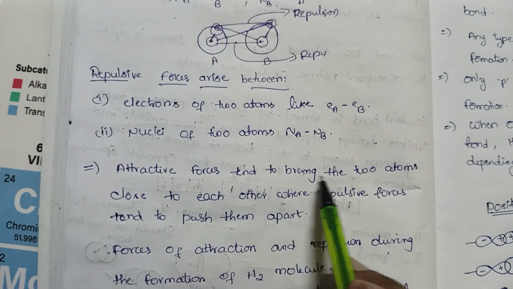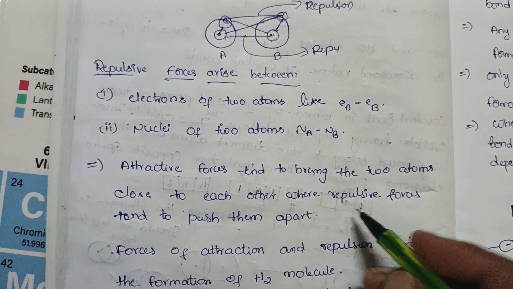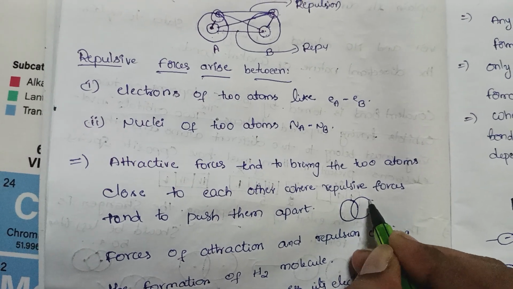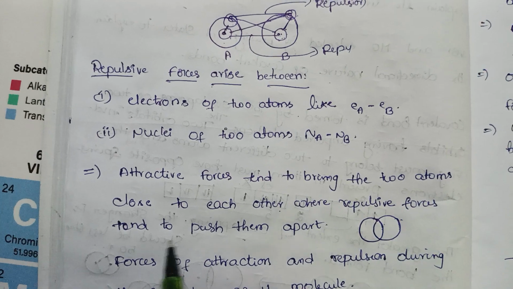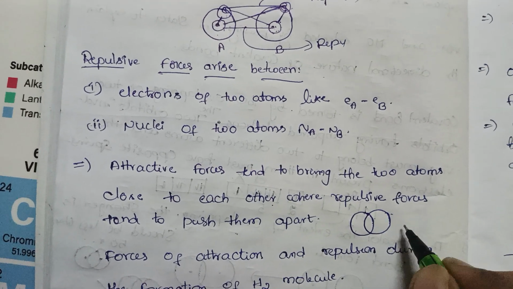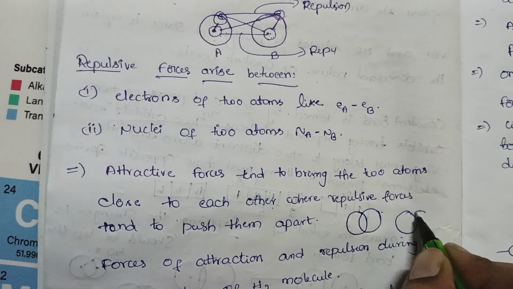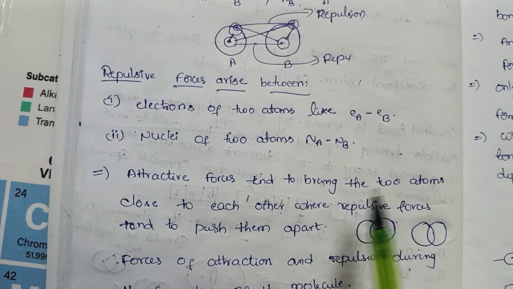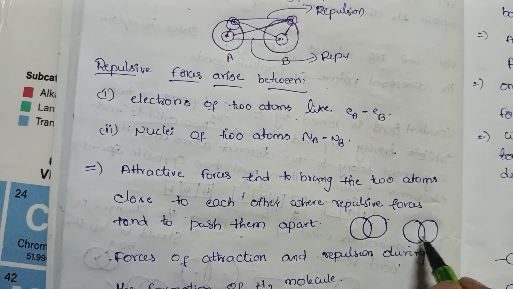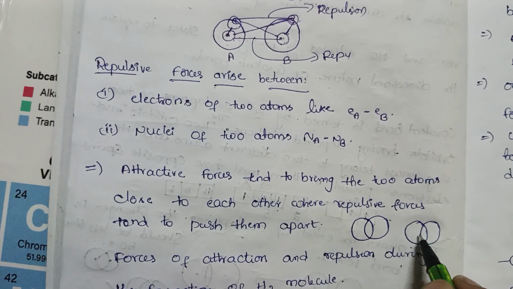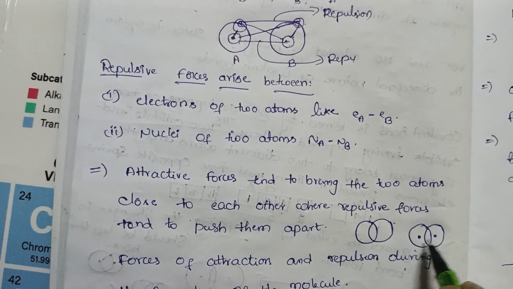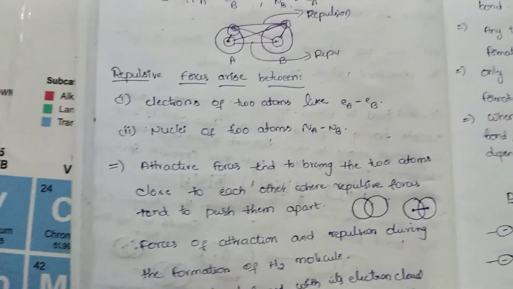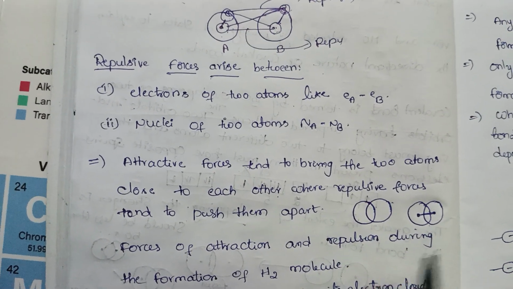Attractive forces tend to bring the two atoms close to each other, whereas the repulsive forces tend to push them apart. Whenever the attractive forces and repulsive forces are equal, the bond exists at a maximum distance, like this, which means the overlap should be less than 50%.